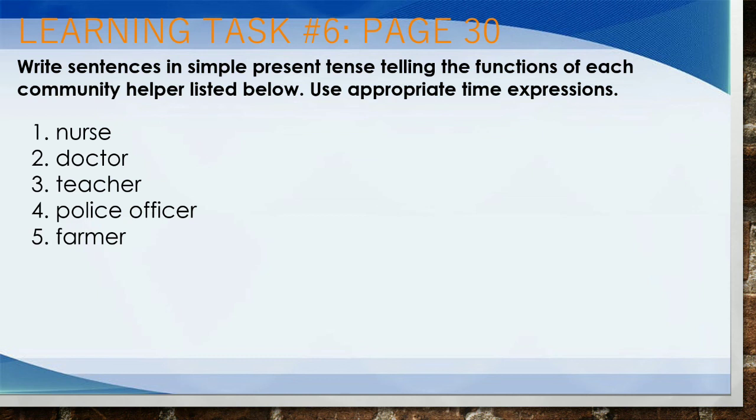Write sentences in simple present tense, telling the function of each community helper listed below. Use appropriate time expressions. Number 1, community helper is nurse. Number 2 is doctor. Number 3 is teacher. Number 4, police officer. And number 5 is farmer.